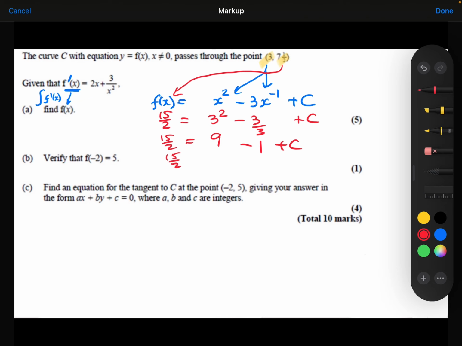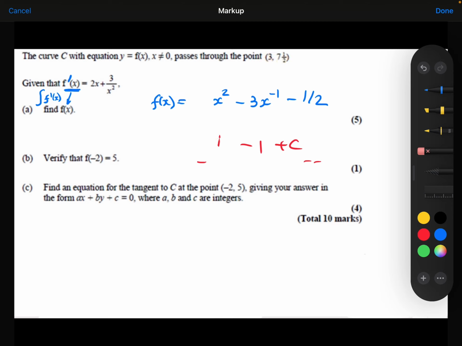So 15 over 2 is equal to 8 plus c, and c is going to be equal to minus 1/2, which I can plug in there to get my final equation. So in blue there, that is my f of x. So basically just integrate and then substitute in the coordinate to work out your constant of integration c.